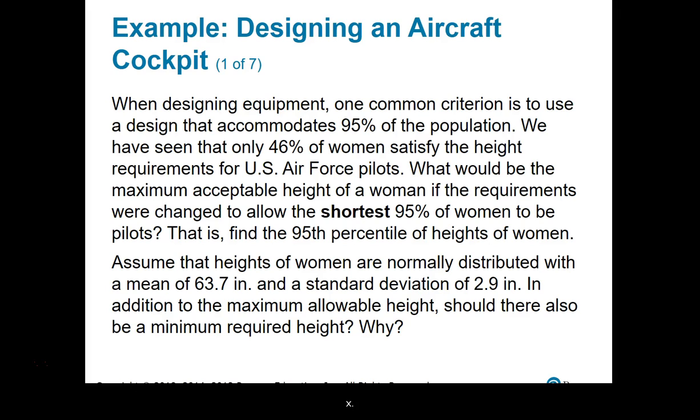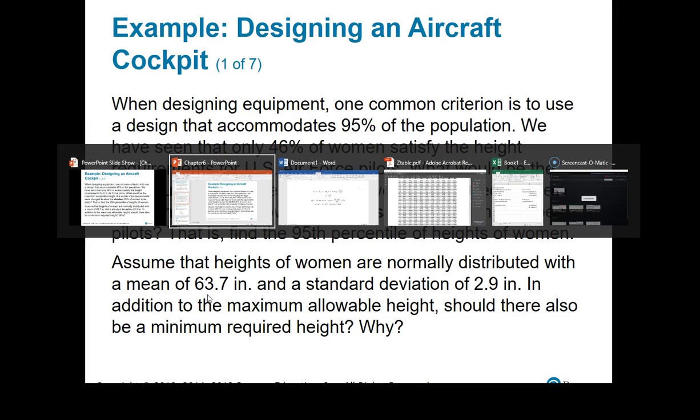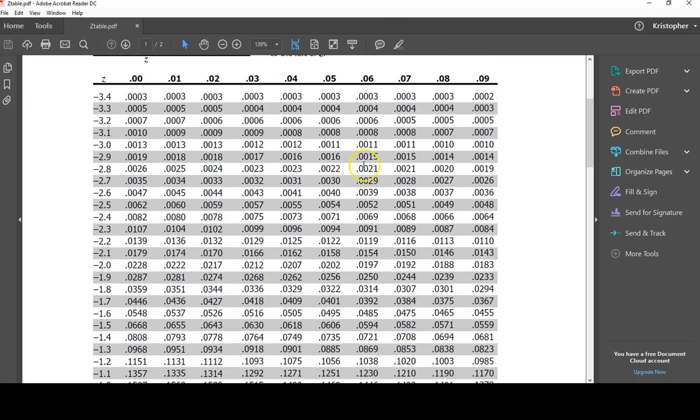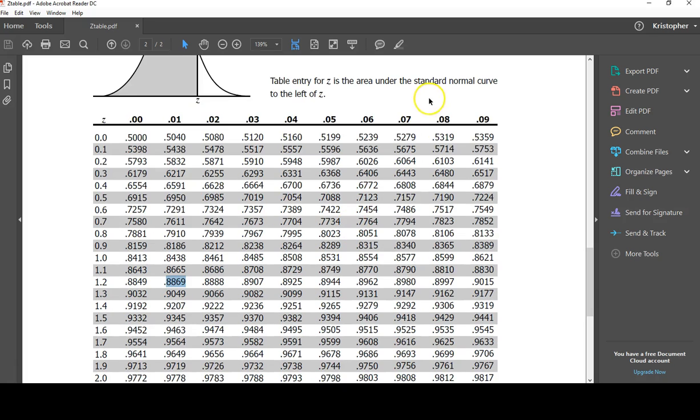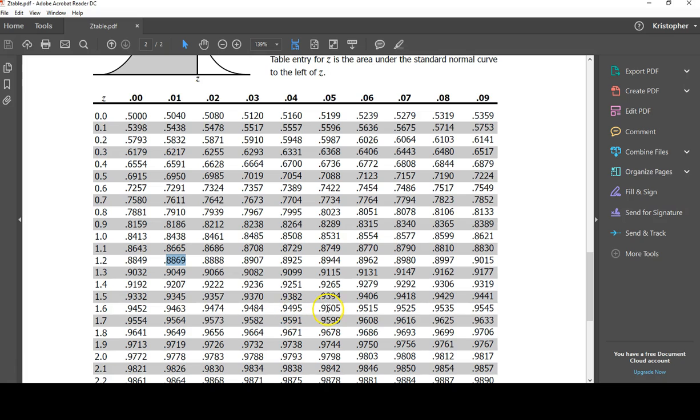So x would equal our mean, which we can see is 63.7 inches, plus our z-score. Now a z-score associated with 0.95, well, we can look that up. We want 0.95, so it's going to be down here. Let's see, 0.95. Oh, but it is there. So 1.65, maybe 1.64. I'll go ahead and go with 1.64.